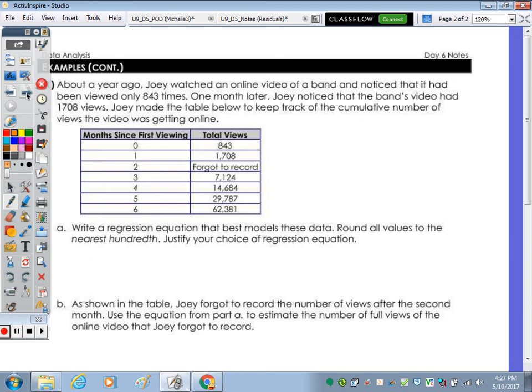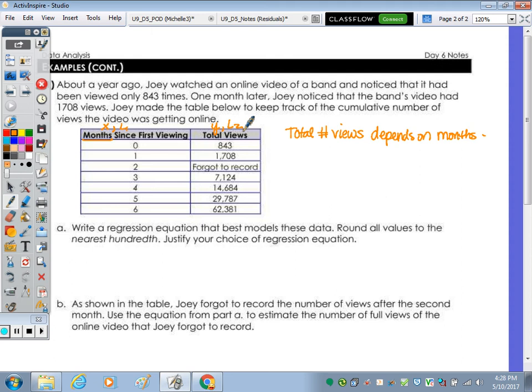So in this table, the total number of views depends on the number of months. So our months is going to be our X or list 1, and our total number of views is going to be our Y or list 2.